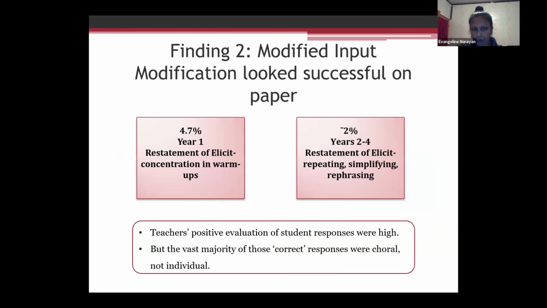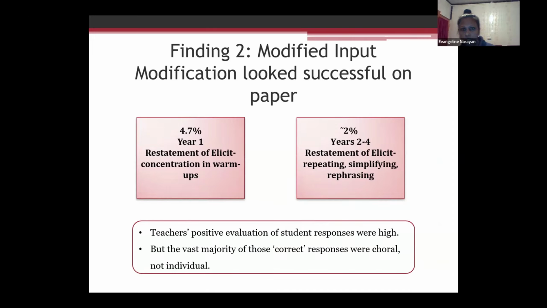So that led me to my next finding, which is modified input. In second language acquisition and mostly looking at comprehensible input, we know that when the input is not understood or it's not comprehensible, teachers usually modify the input. This is usually in the form of repeating, simplifying, or rephrasing.